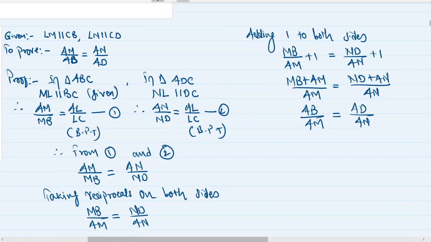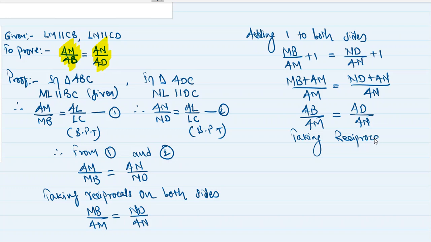We have to prove AM upon AB is equal to AN upon AD. We have got exactly the reciprocal of what we have to prove. So again, taking reciprocal on both sides, we get AM upon AB is equal to AN upon AD.